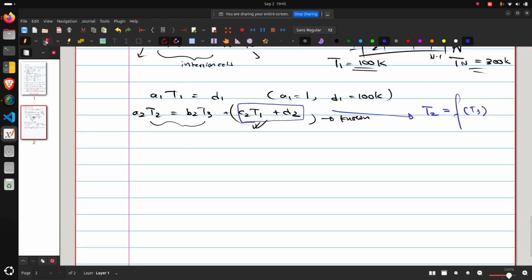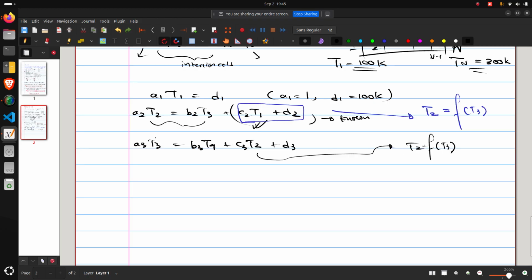Now we go to the next cell. So what is the next cell? The next cell is the t3. So we'll have a3 t3 equals b3 t4 plus c3 t2 plus d3. Okay, now we have the t2 and t3, but we already know that t2 is nothing but a function of t3, right?